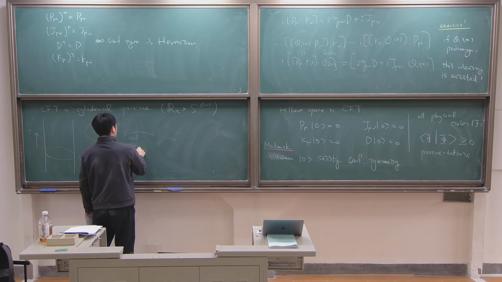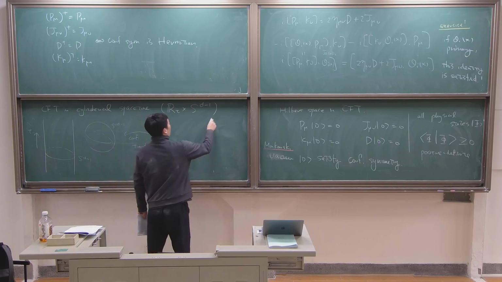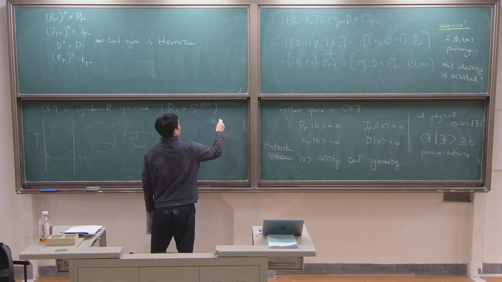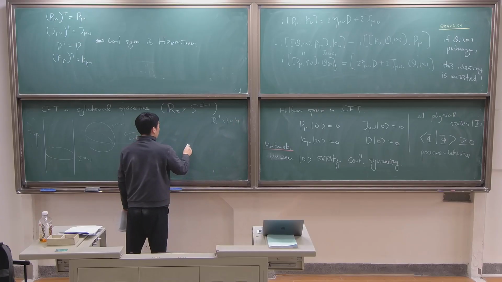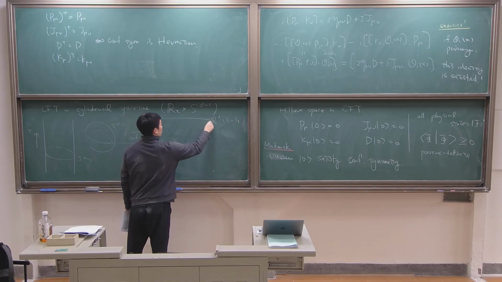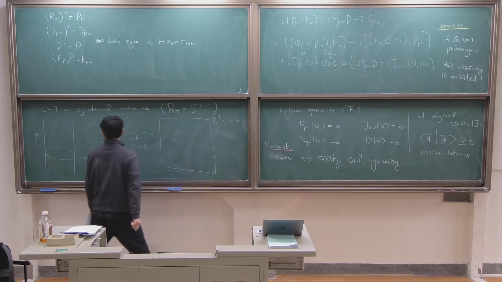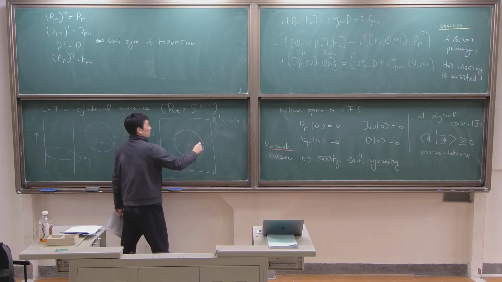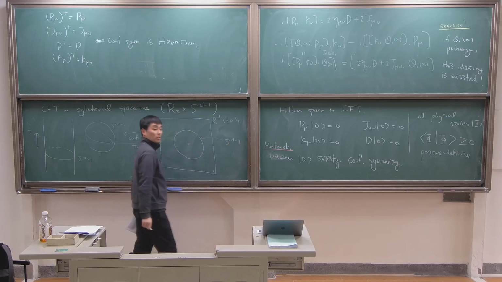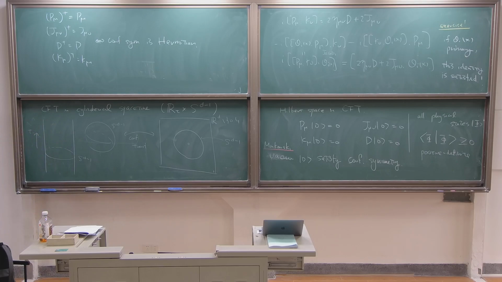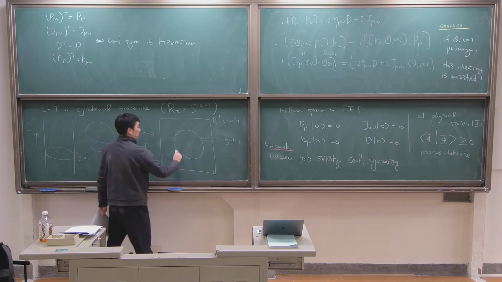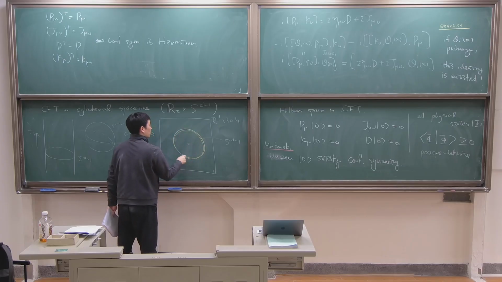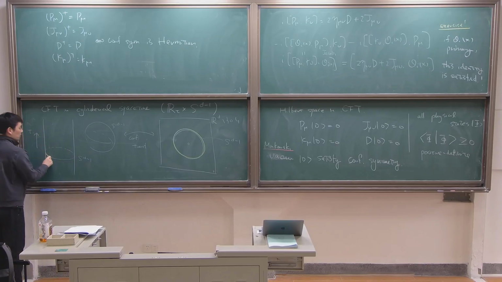The transformation is the following: take R^D, getting rid of the origin 0. Each sphere surrounding the origin, each S^(D-1), is mapped to this part.